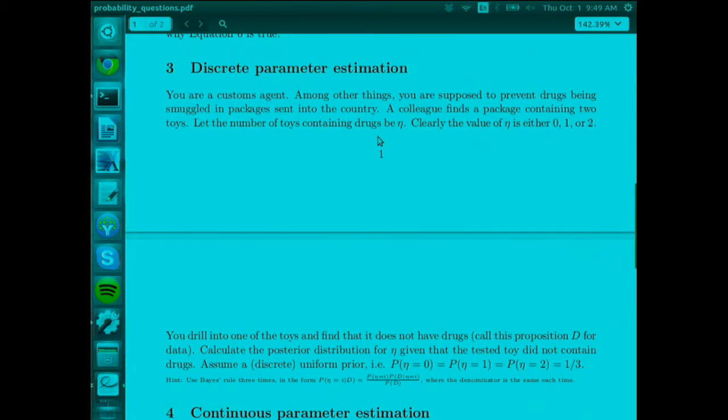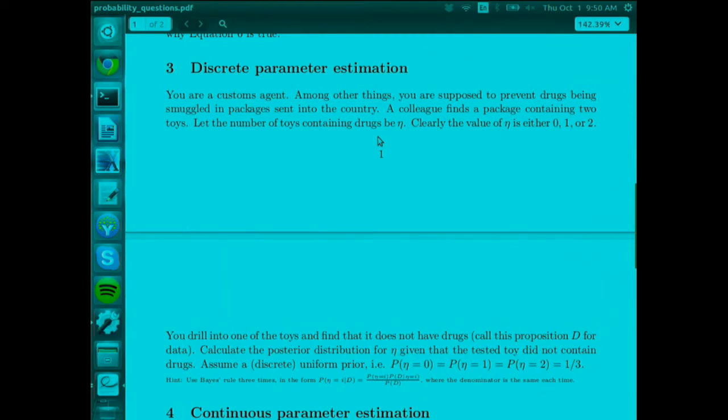I mean, if every toy has a probability of half, that's a different assumption, though. So I'm using this here. This is good, and you have a third one, which is 0.